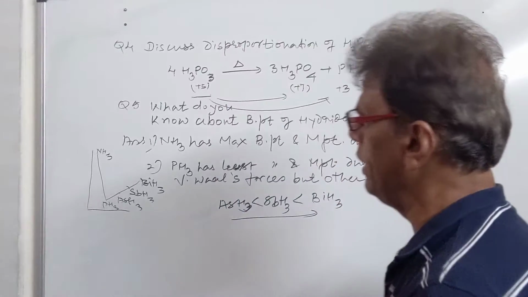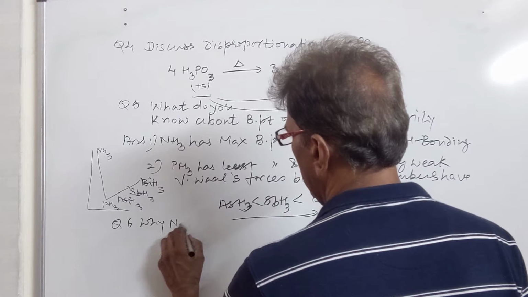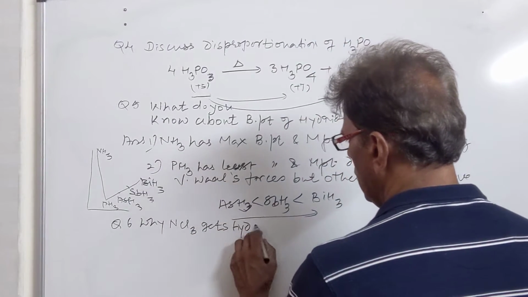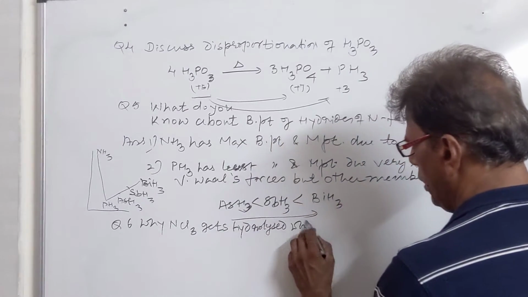Next question is, why NCl3 gets hydrolyzed easily while NF3 is not.